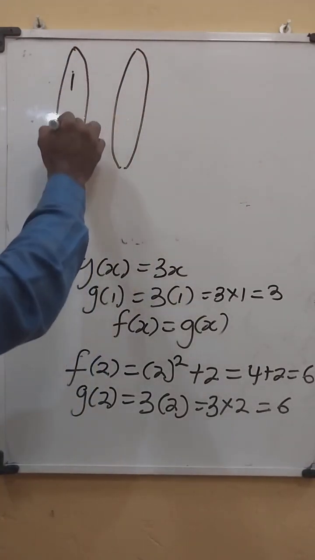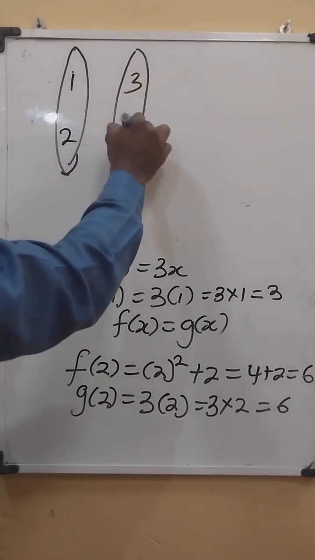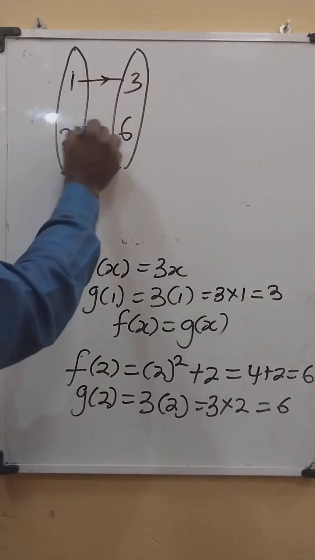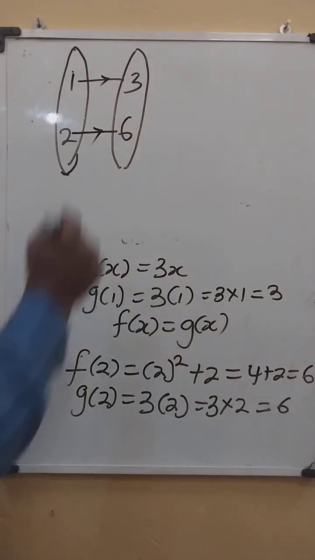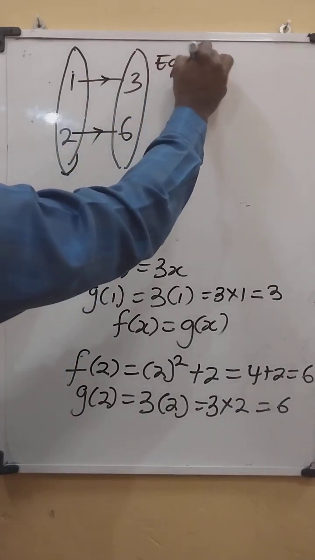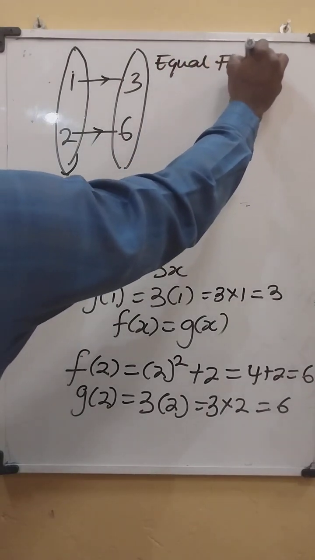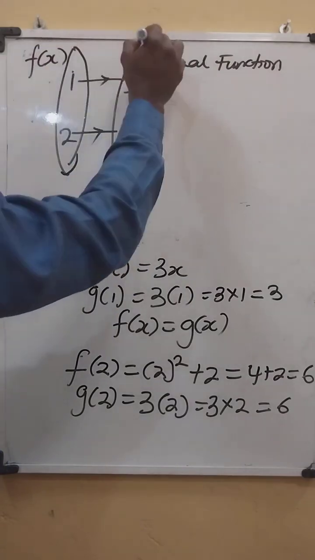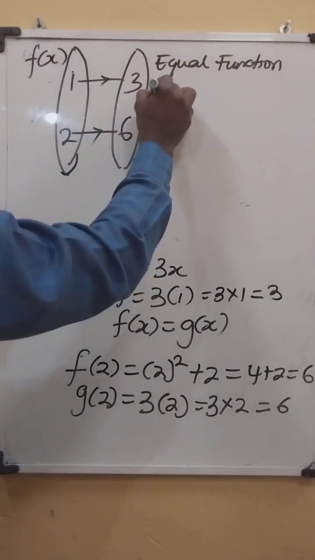It was 1 and 2, and then 3 and 6. What that means is that this maps to this, and this maps to this. So they are equal functions. So this was function f, and this other part was function g.